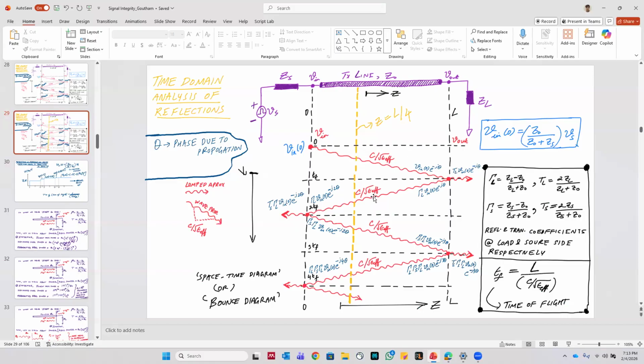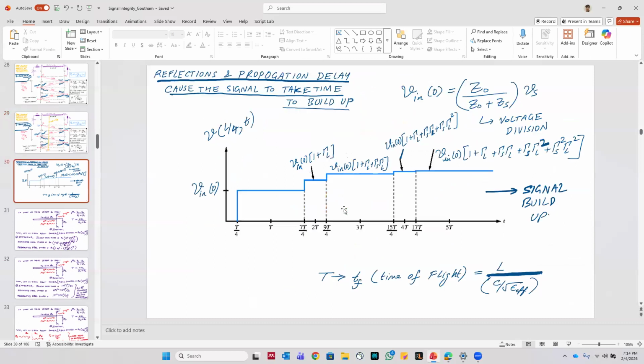So the time is 3T by 4 plus 3T by 4, which is 6T by 4. From the original t equals 0, that's 7T by 4 because there's already a T by 4 here. So at 7T by 4 you see Vn of 0 plus the reflected wave at the receiver side now being added to it.